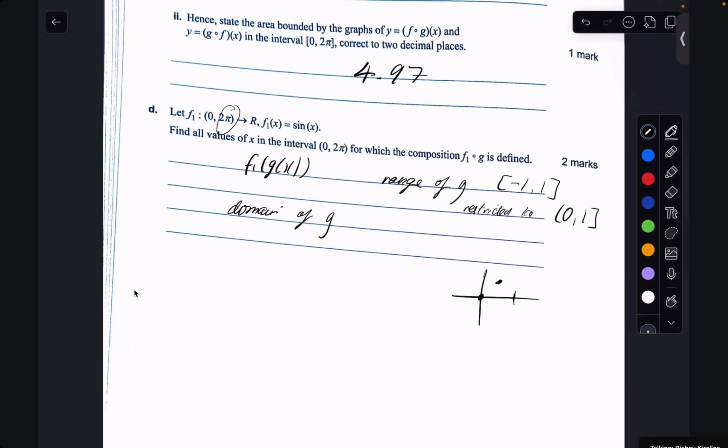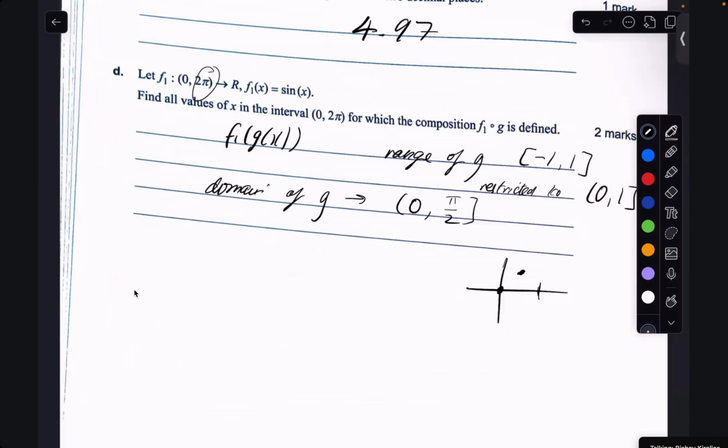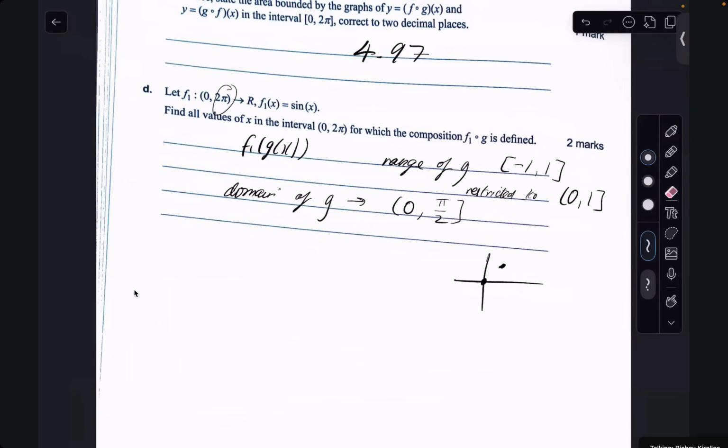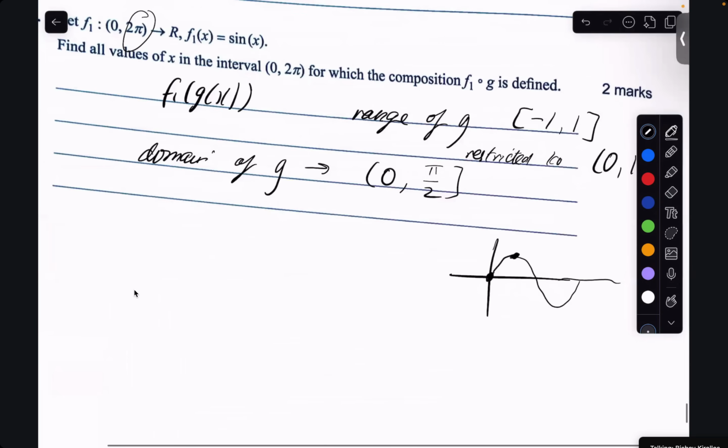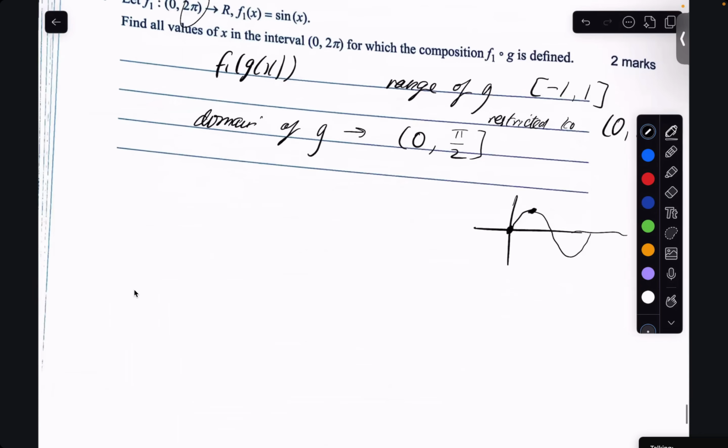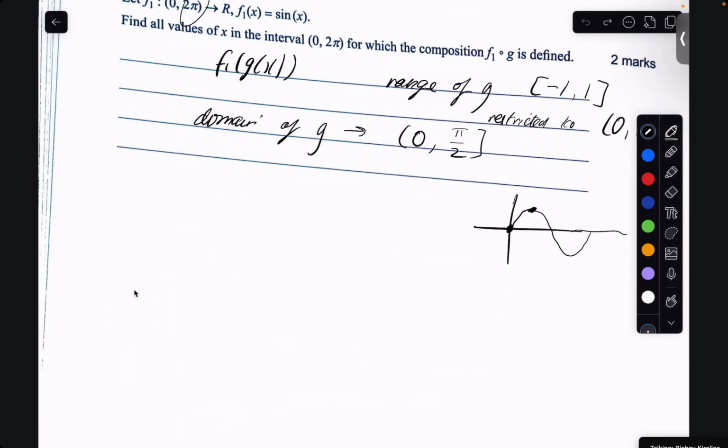So it would be 0 to pi over 2, right? But remember that the graph from 0 to 2 pi is going to do that, right? So we've actually also got this part. So is it just 0 to pi?